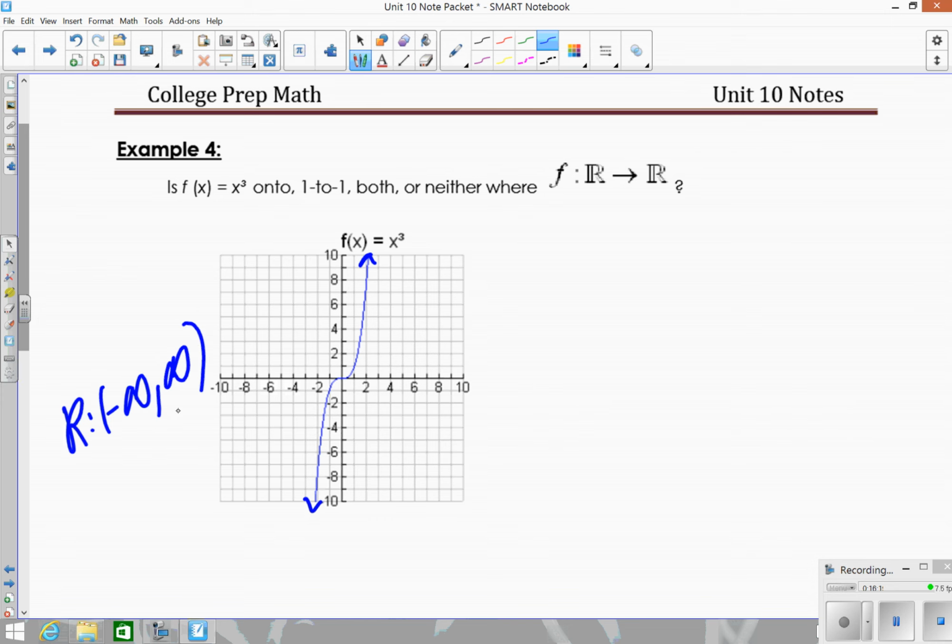So as long as the range matches this mapping, the y values that you can map to, that means it's going to be onto, because you're going to be able to get out all of the y values that you need in order for this to work. So it's going to be onto. All y values are used.